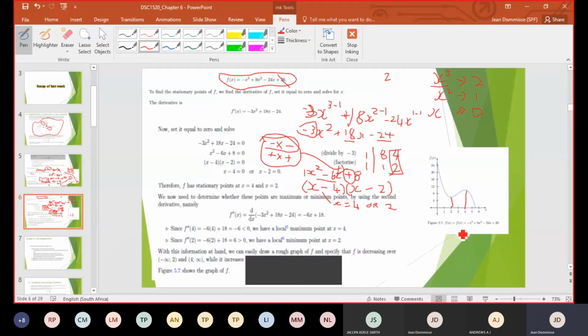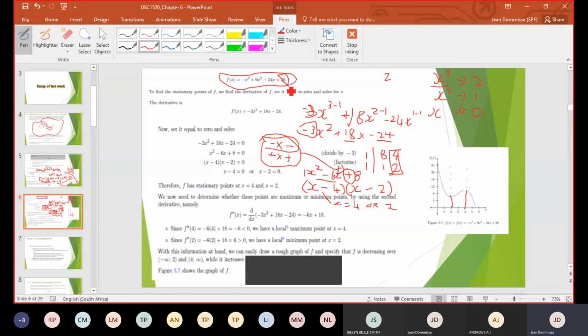You still don't know which way it is turning, and I think that is also important to note. If you want to draw it for yourself, what I would do is draw a dotted line through where it is 2, and draw a dotted line through where it's 4.